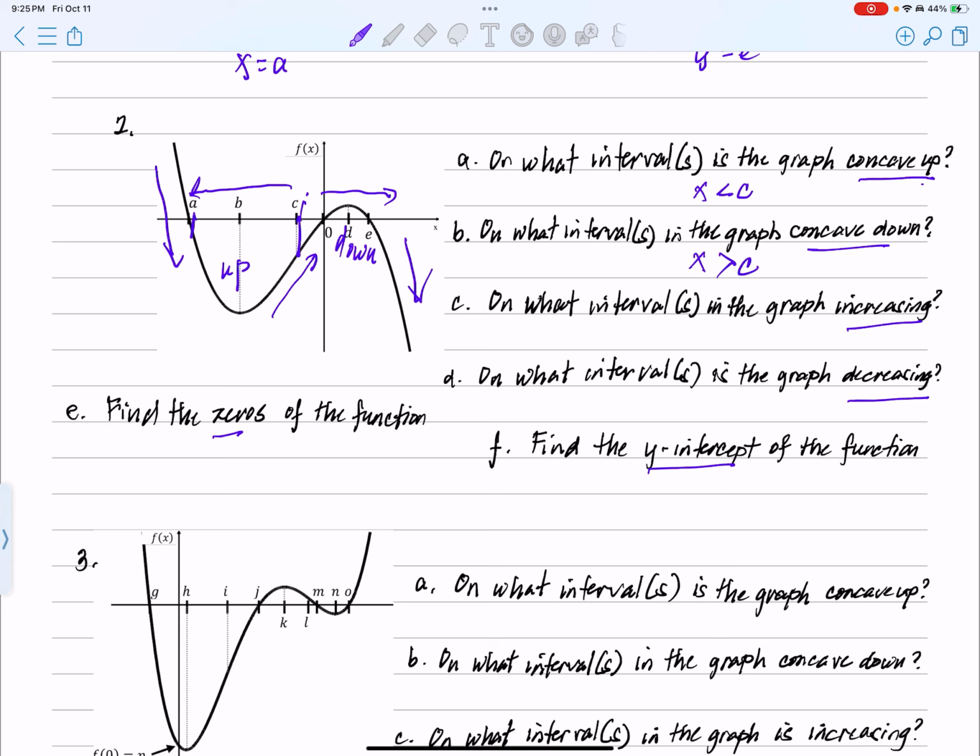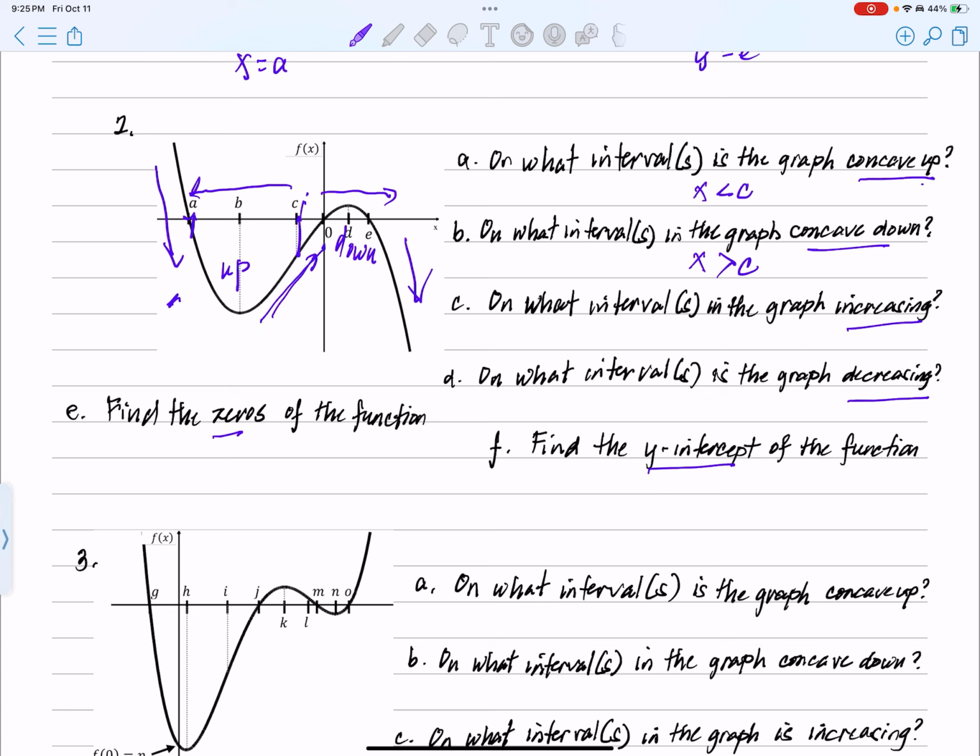It's concave down. When is the graph increasing? It started to increase from here, because from here to here, that's decrease. But it increased from here.